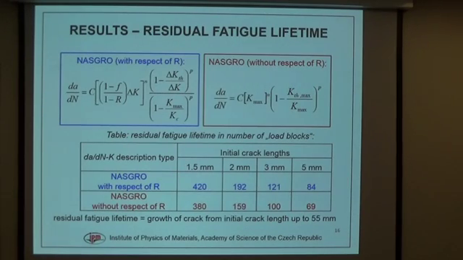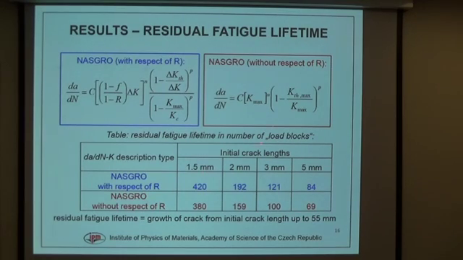Here, you can see the results of calculated residual fatigue lifetimes in so-called load blocks, where a load block corresponds to a certain amount of train distance. And you can see the residual fatigue lifetimes calculated for different initial crack lengths from 1.5 millimeters up to 5 millimeters.